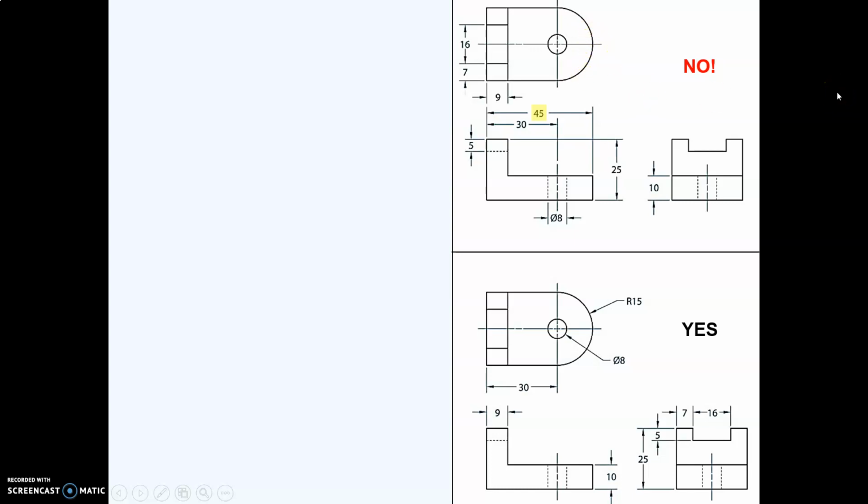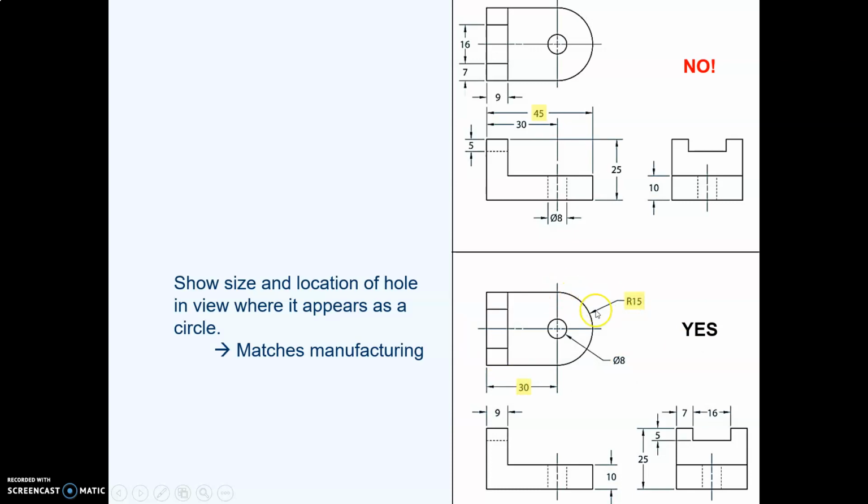So the correct way to measure a round thing is shown in the bottom version. Give the location of the center line, and then give the radius. And this is an example of what ASME calls functional dimensioning, and what they mean by that is this matches the way the part will actually be made out in the machine shop or wherever it's getting made.